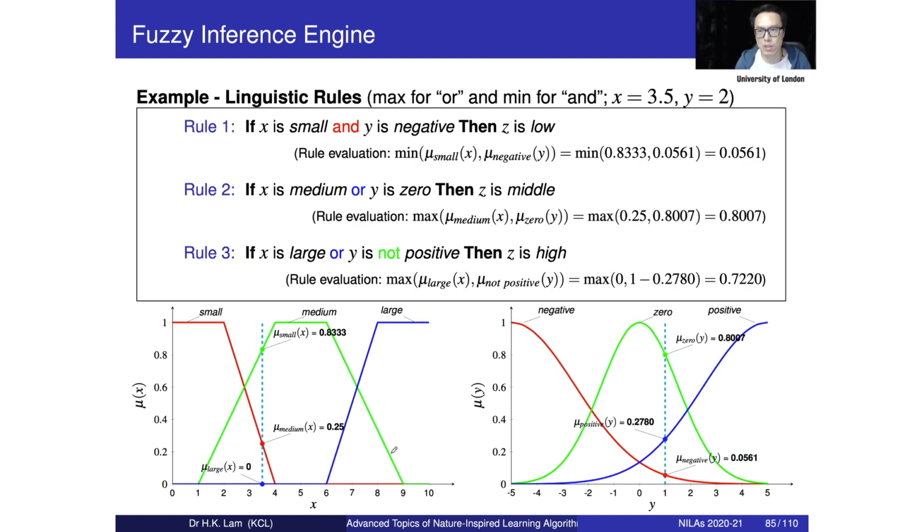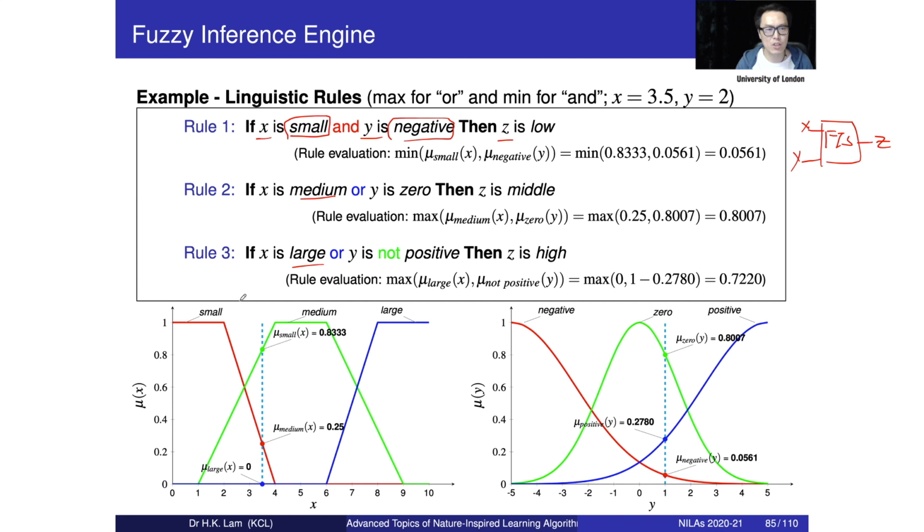And now this is a general picture, an example to show how we do the rule evaluation. Say we have three rules, two input variables, x and y, and one output. So this is a fuzzy inference system with two inputs x and y, and the output z. For x and y, we are going to use some fuzzy terms to describe them: small, medium, and large.